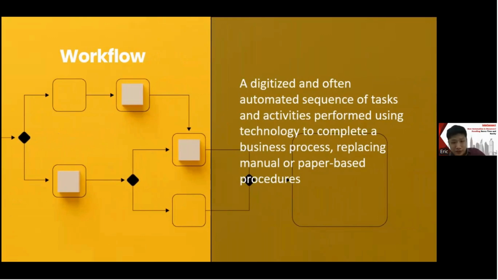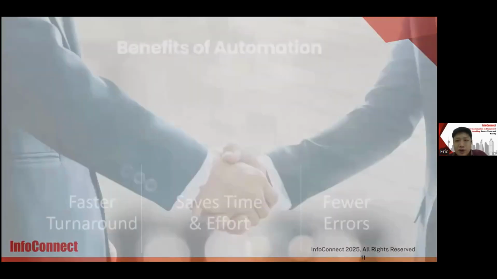If you see the definition over here, a workflow is a digitized and often automated sequence of tasks and activities performed using technology to complete a business process, replacing manual or paper-based procedures. So what does this mean? This means workflow is a digitized version of your processes. It takes away the enforcement of process from the individual to the system, so it automatically runs in the background. Basically, that is what workflow is.